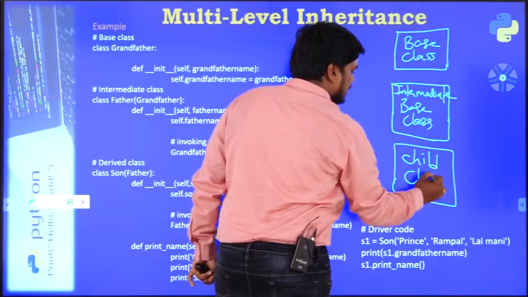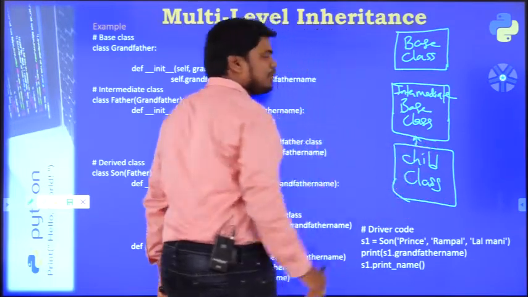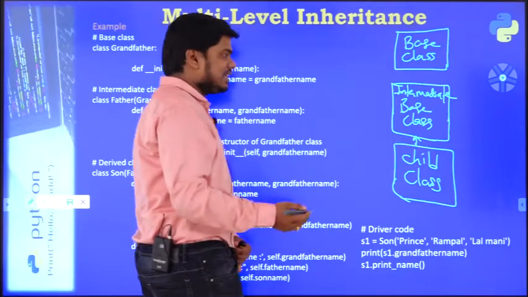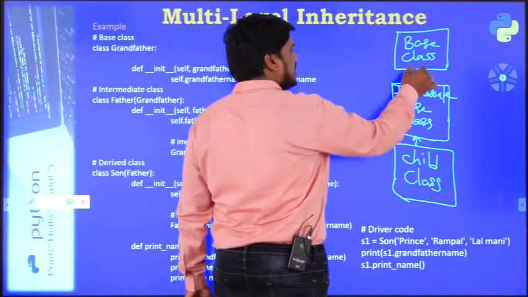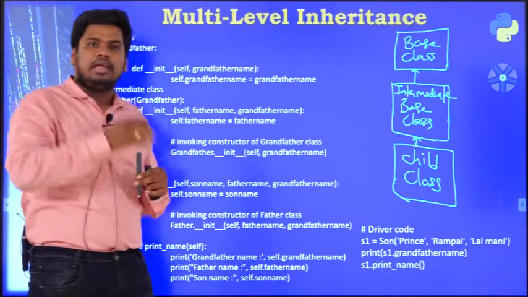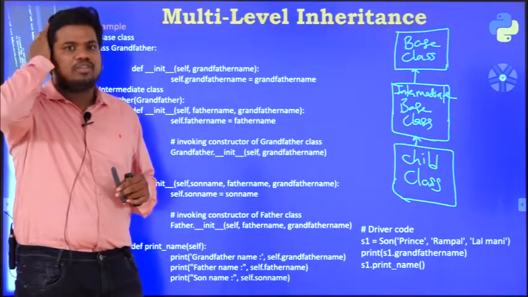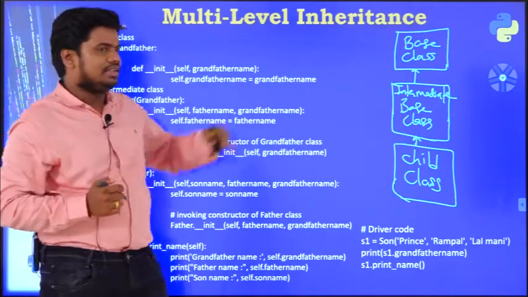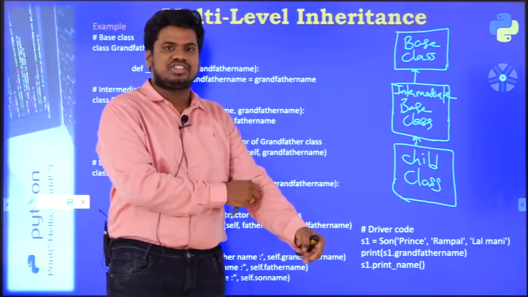The child will inherit the properties from the intermediate base class, and this intermediate base class will inherit the properties from the base class. This is the thing we have to remember in multi-level. This is the multi-level inheritance technique.